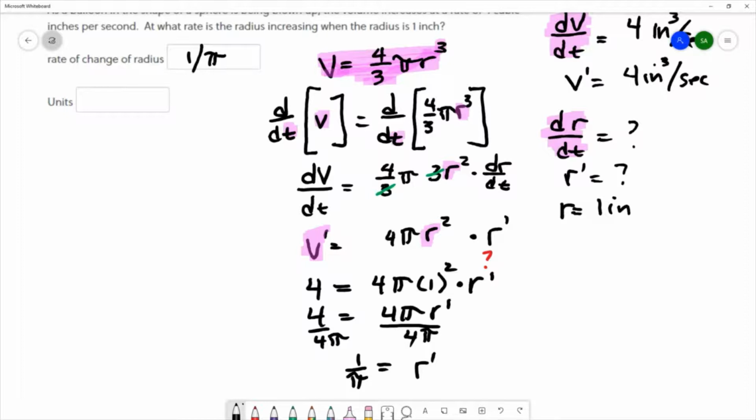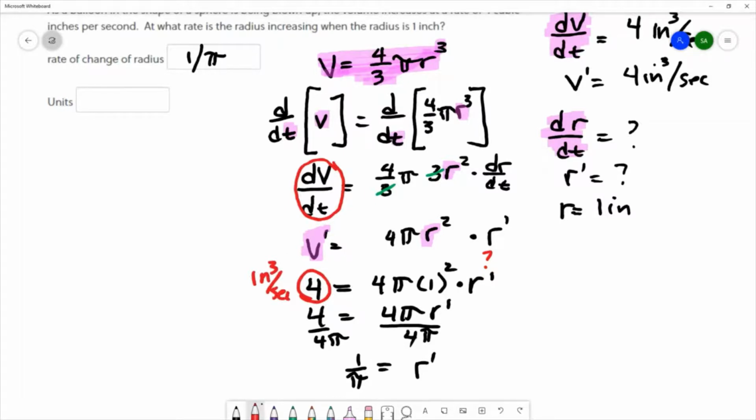And the units, let's talk about the units. As I solve this problem, if I think about the units, let me do this in red. The units here are inches cubed per second.